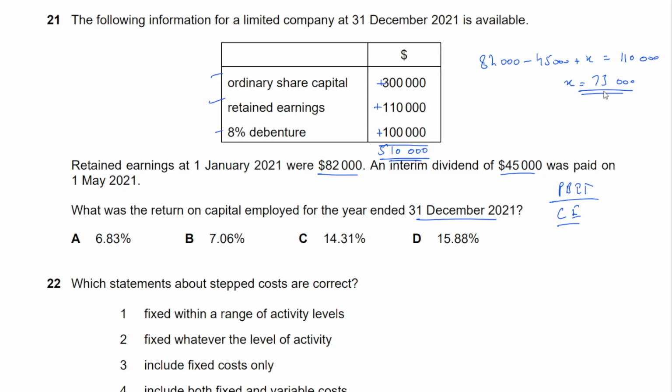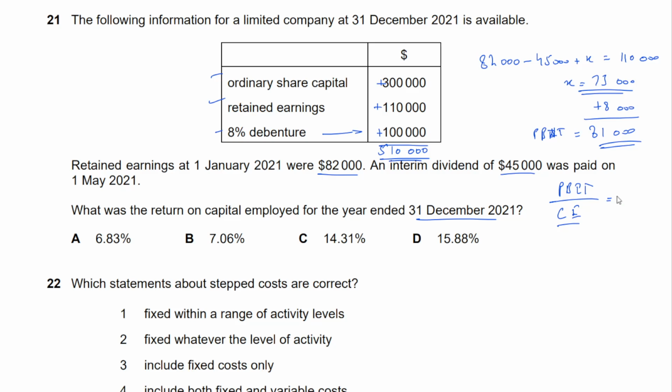But this is profit after interest, so we have to add back the 8% debentures. We need PBIT, profit before interest and tax. That is profit after the interest. So 73 plus 8, profit before interest and tax, that is 81,000, right? That's the profit.